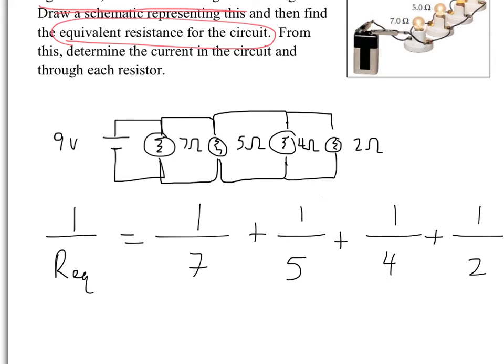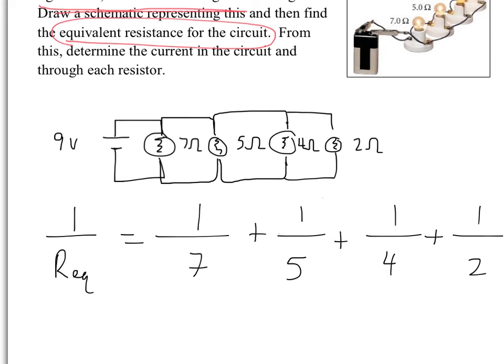You could find a common denominator, simplify this as a fraction. Say, hypothetically, the fraction comes out to be 2/9. And you have 1 over REQ. You could flip this and set REQ equal to 9/2. Or you could invert both sides. Or you could literally just take these fractions in your calculator, hit enter, and then use the x to the negative 1 key to get the inverse.